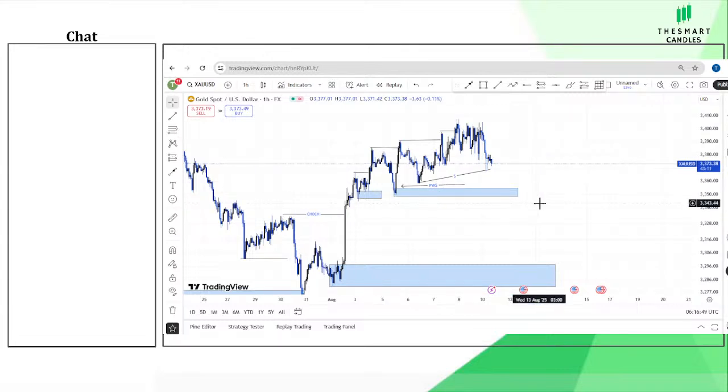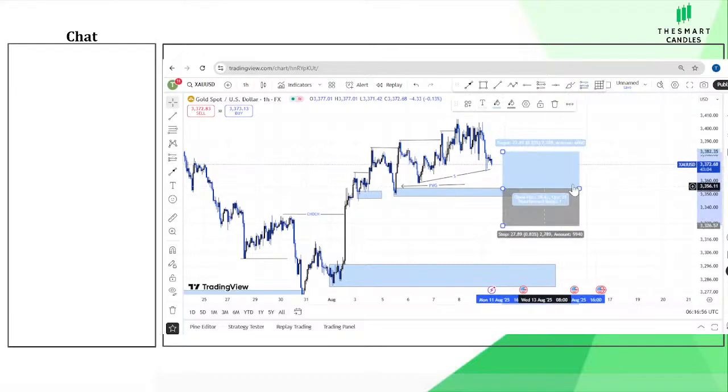So with this, we have a buy order targeting at least a 1:3.